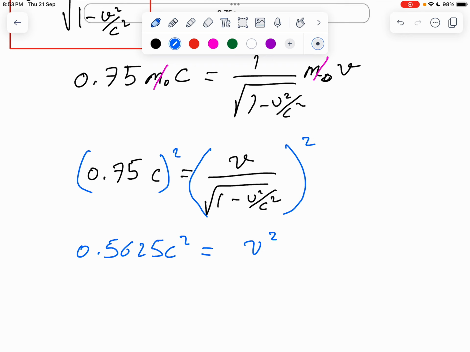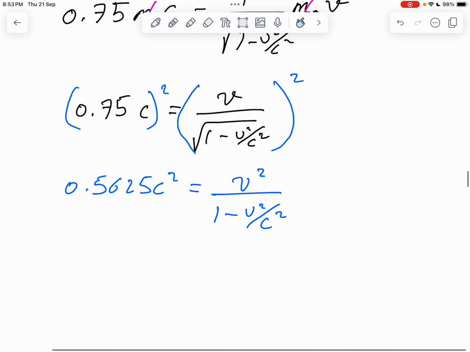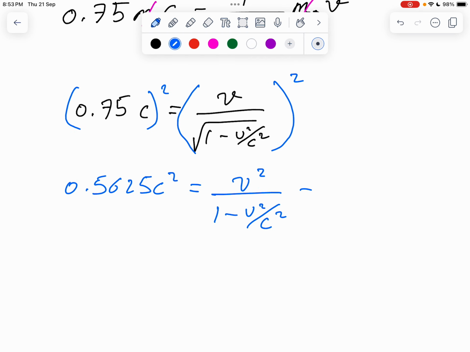On the other side, you will have v squared, and you will have 1 minus v squared over c squared. Here, you can do something. You can multiply by c squared and divide by c squared in order to have a common denominator. So you will have c squared minus v squared over c squared, and this c squared goes up.